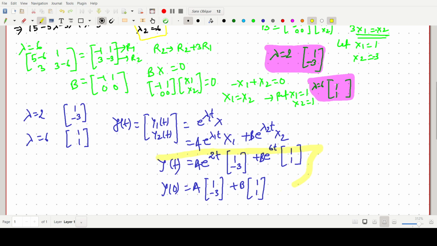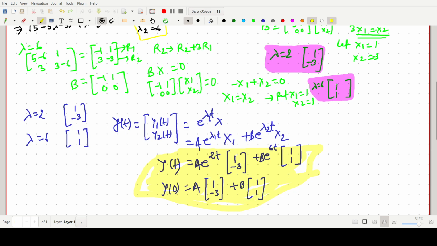This is the solution. We can directly find y1(t) and y2(t). So first step we have to write the matrix, then we go for the eigenvalue and eigenvector calculation.